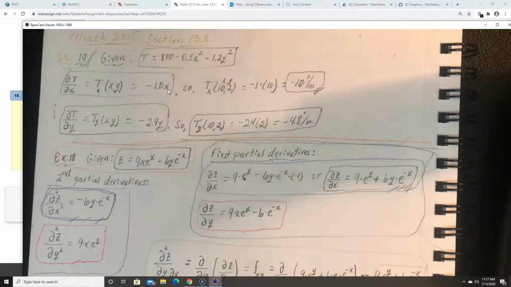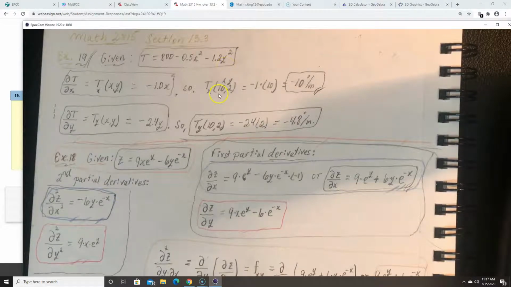Now plug in to get the slope in the x direction, like I was showing you on that surface. You plug in the point x equals 10, y equals 2, because that's the coordinate point in the xy plane whose mapping goes up to the surface.